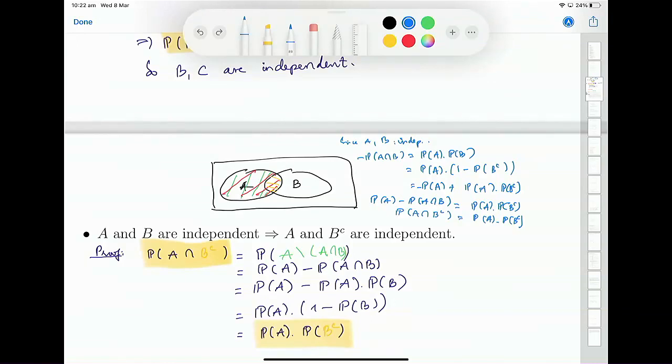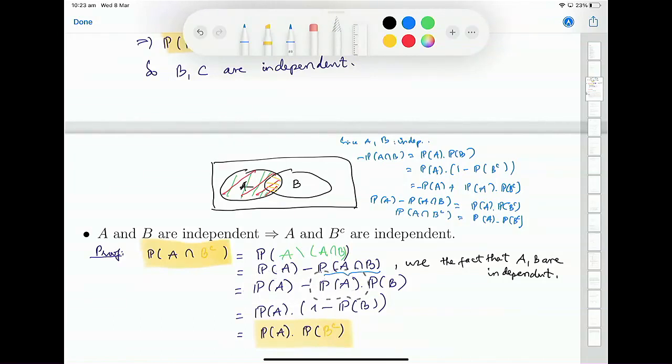And this equals probability of A minus probability of A intersect B. And then I use the independence of A and B. So I have probability of A intersect B equals probability of A times probability of B. And then I take probability of A outside as a common factor here.